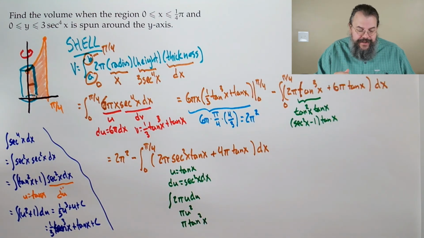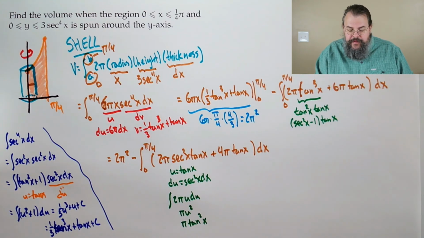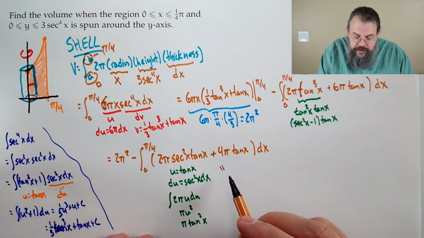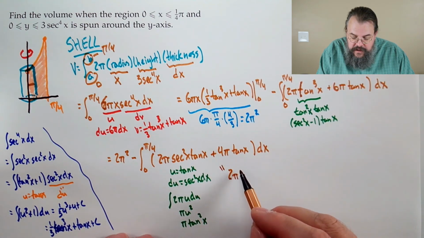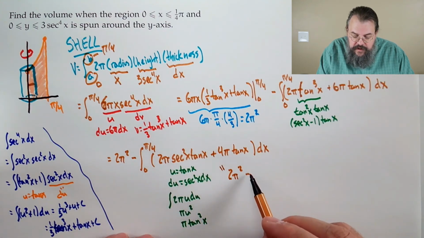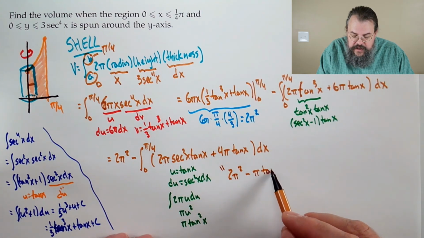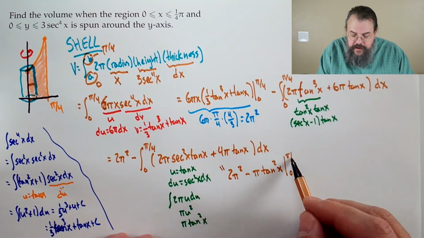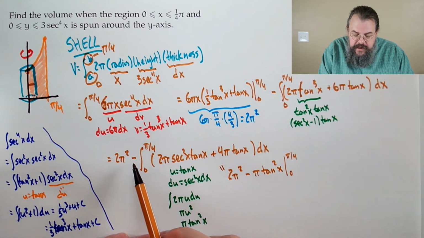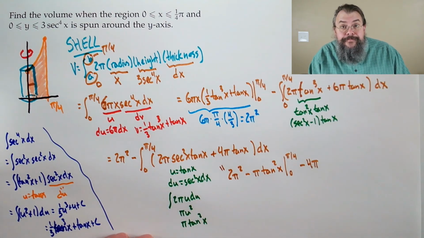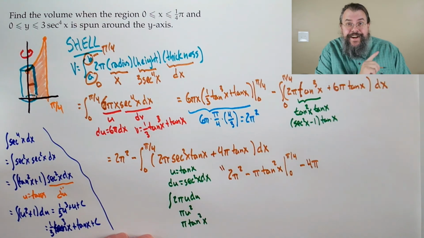We want things we can actually make progress on, right? So, what do we have? We have the 2 pi squared from the beginning. So minus this integral becomes pi tangent squared x from 0 to pi over 4. Then minus 4 pi, and the integral of tangent is log secant.